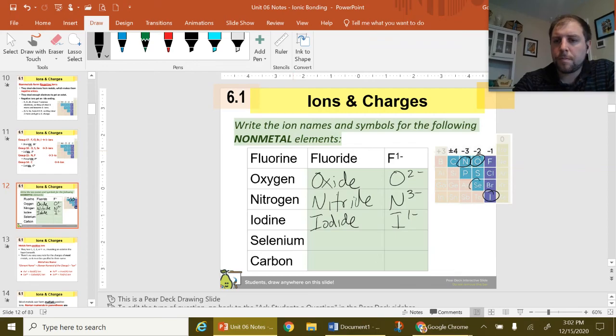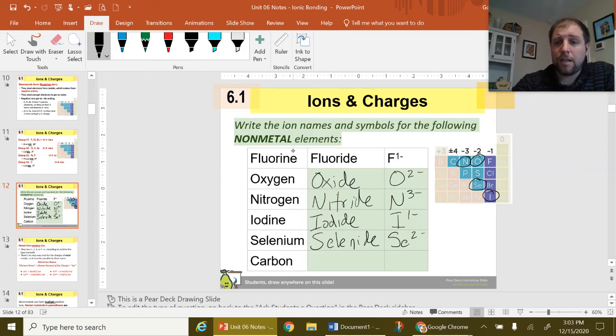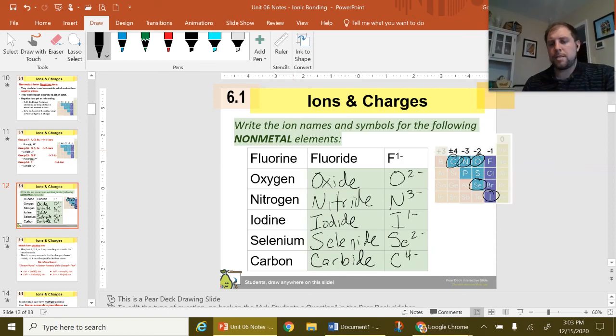Selenium, this guy right here, same column as oxygen, so it is selenide. It forms a 2 minus ion as it steals 2 electrons to get an octet. Finally, carbon right here. This ion is carbide. It is C4 minus. It steals 4 electrons.